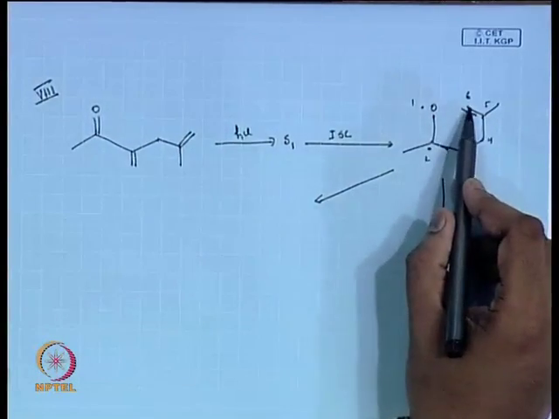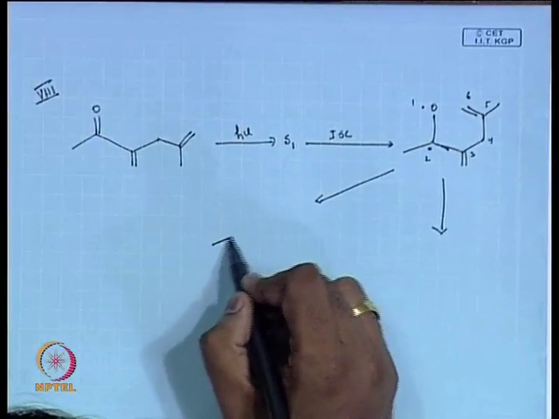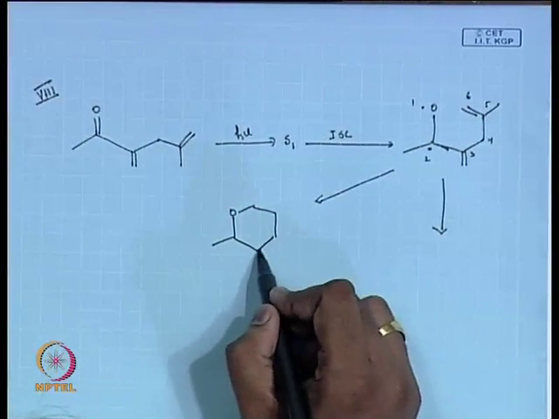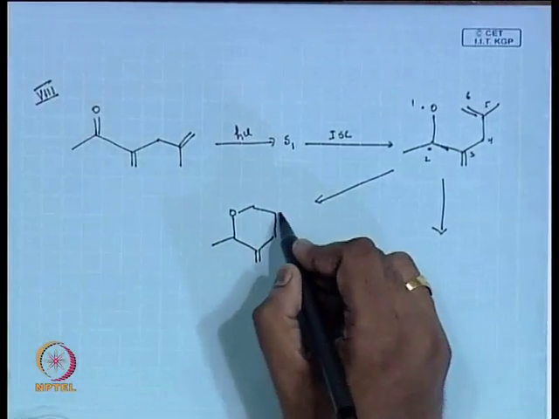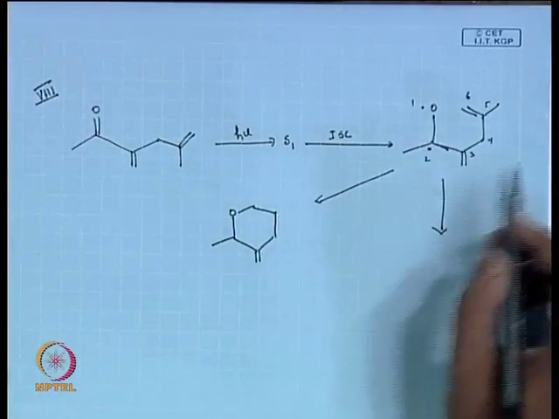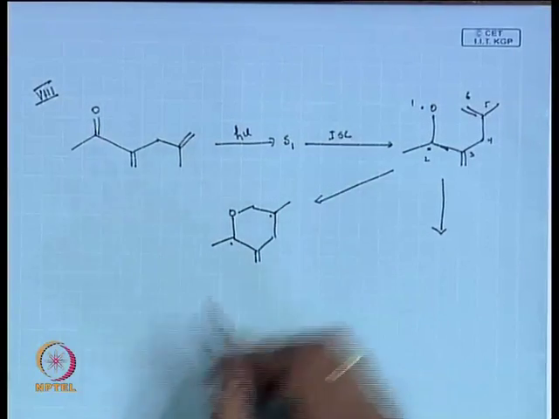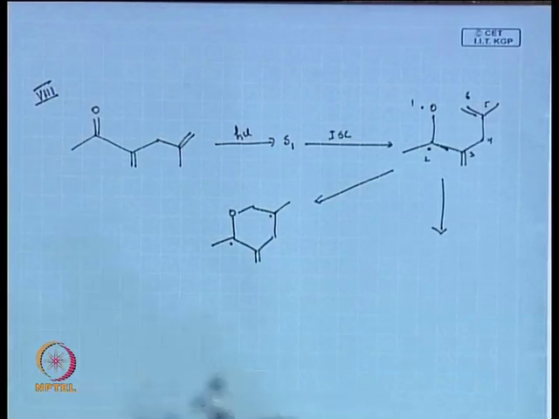If I do my C6, I get this one, which is a 1, 2, 3, 4 diradical.